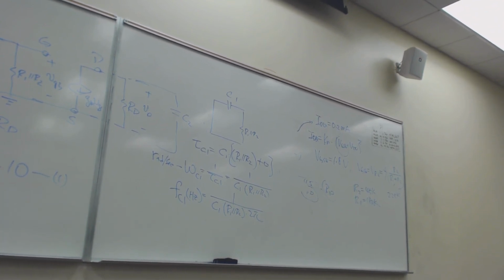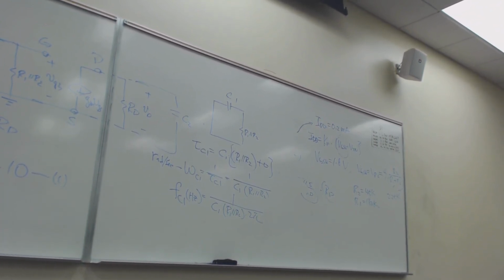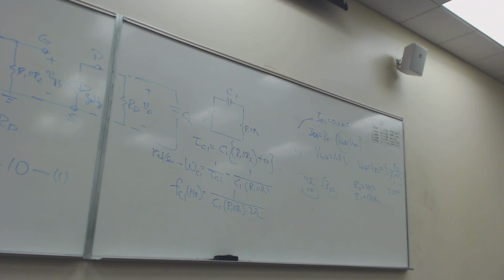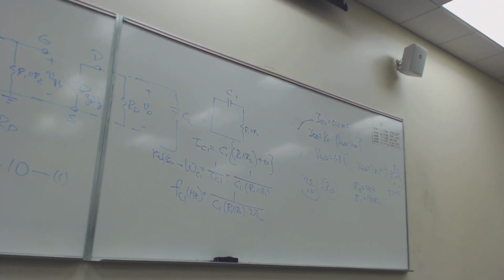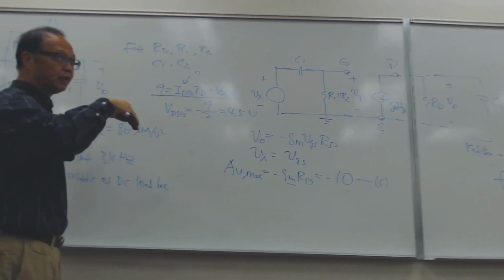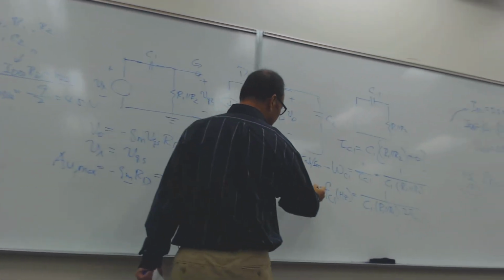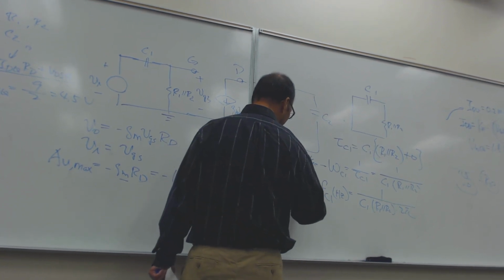Remember that this is a series capacitance. The series capacitance always introduces a corner frequency in the lower frequency range. Yes, the parallel always introduces a frequency in the higher frequency range. So therefore this is 200 hertz, right?